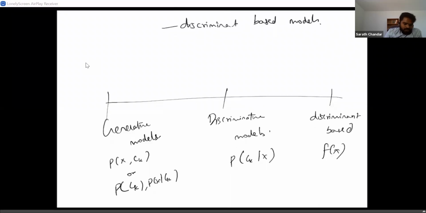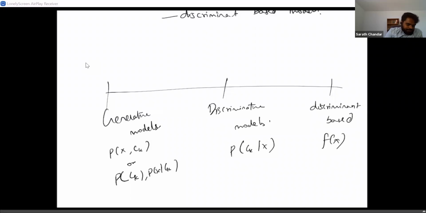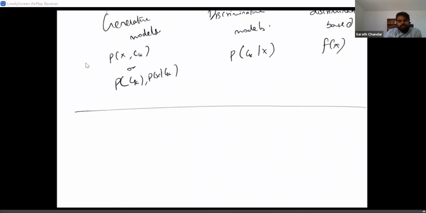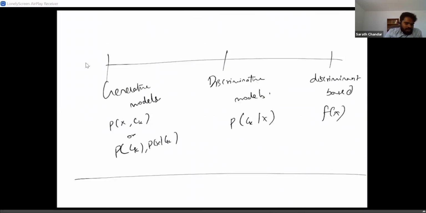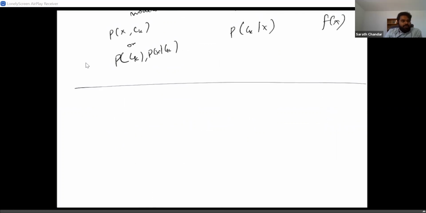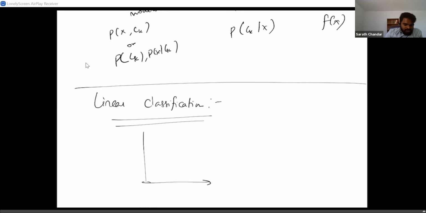Okay, so we are going to see an example for all these three in the future. But to begin with, we would focus more on linear classification. Okay, so now let's consider a simple two-class problem. I have two features, x1 and x2, and I have a data set of circles and crosses.